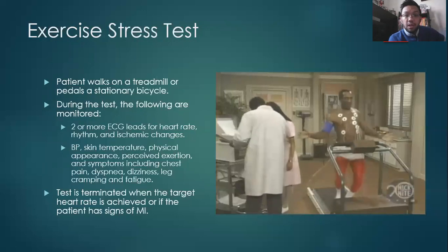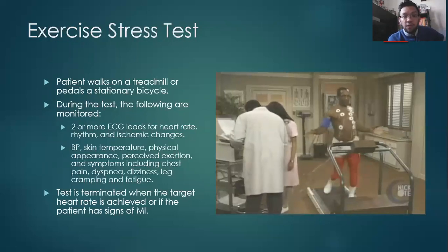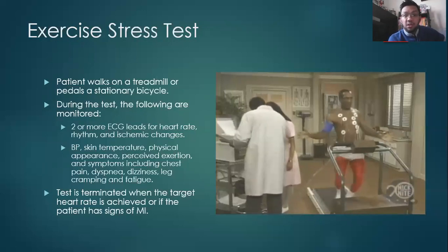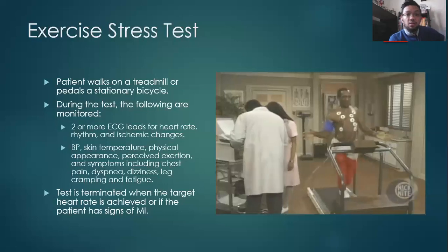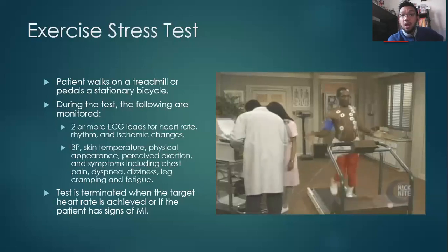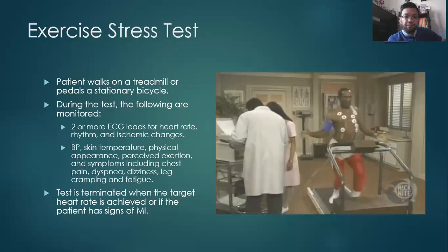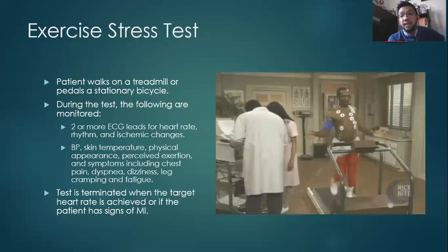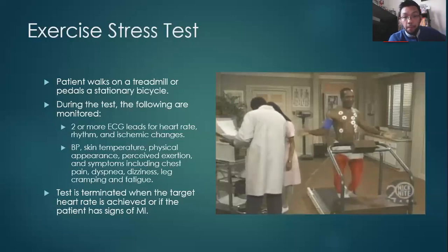The BP, skin temperature, physical appearance, perceived exertion, and symptoms including chest pain, dyspnea, dizziness, leg cramping, and fatigue are also checked during the test. The test is terminated when the target heart rate is achieved or if the patient already has signs of MI.